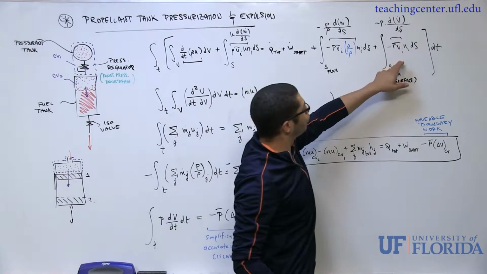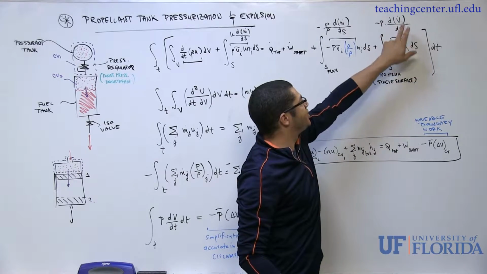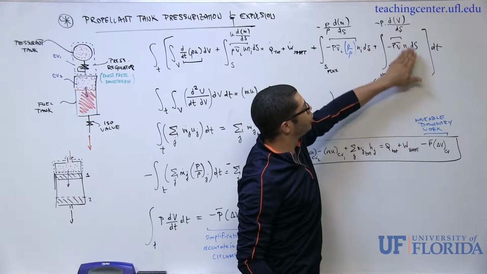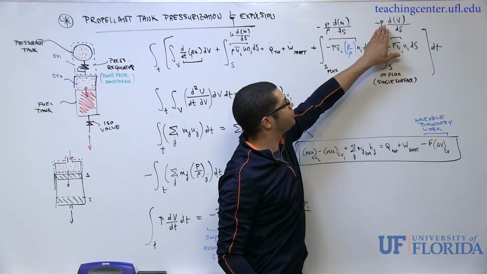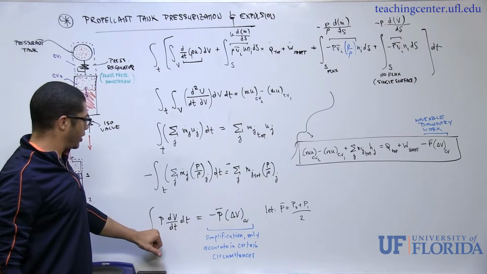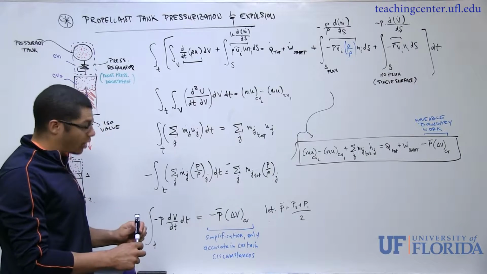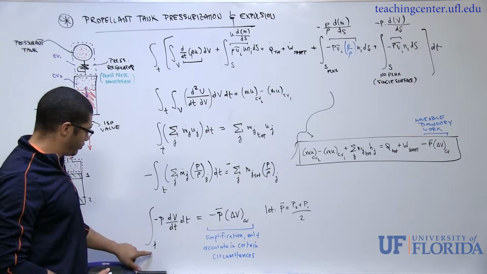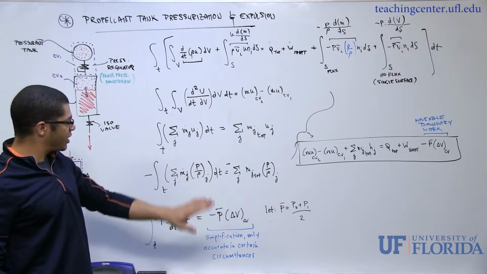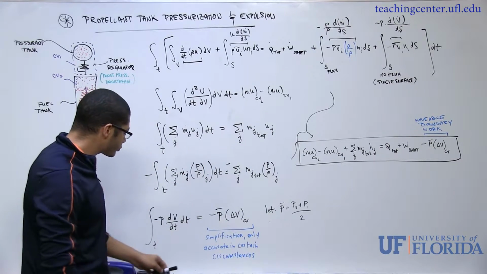Like I mentioned before, we can rewrite this expression as just minus P times V dot dot dS. Multiplying the dS's, they cancel. We've got minus P V dot, and that comes over here. I forgot a minus sign. But so I've got the integral over time, okay?